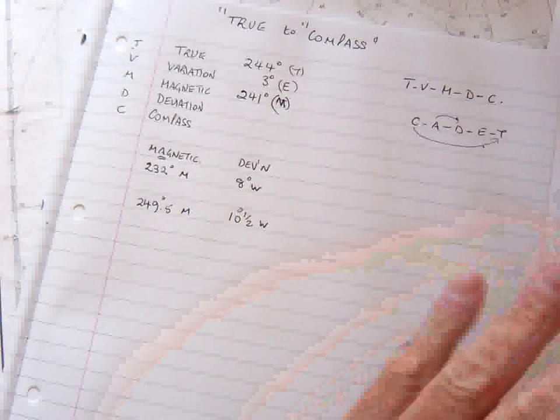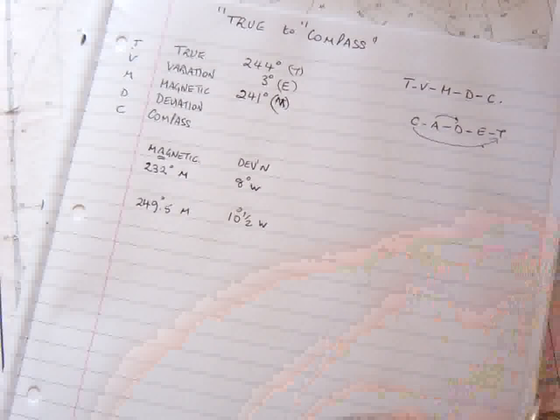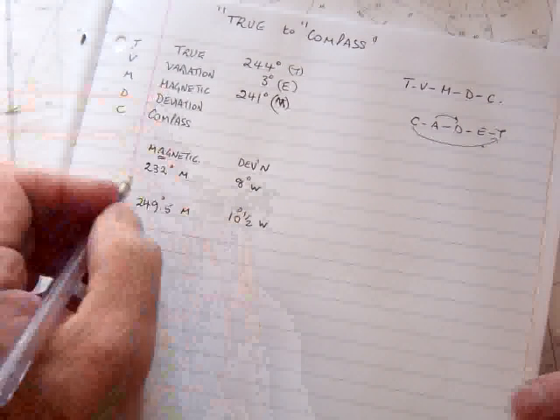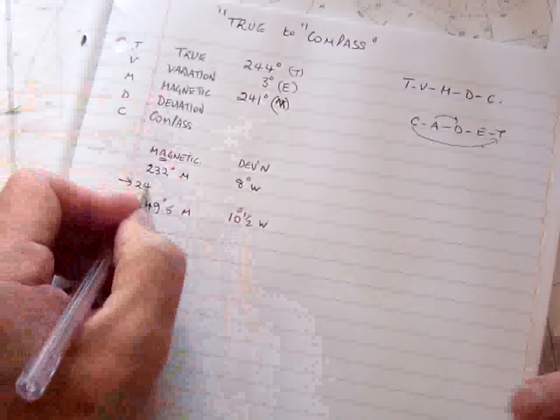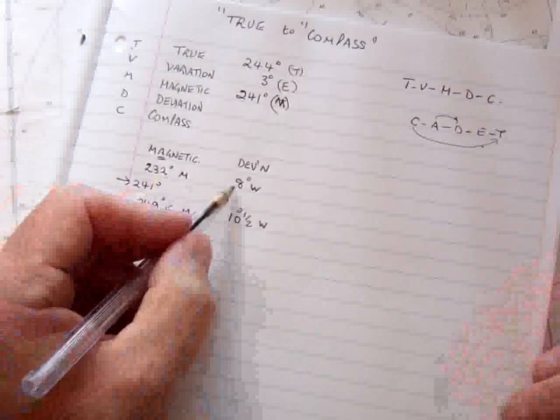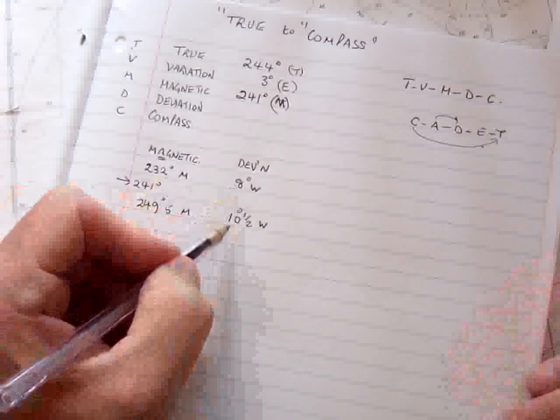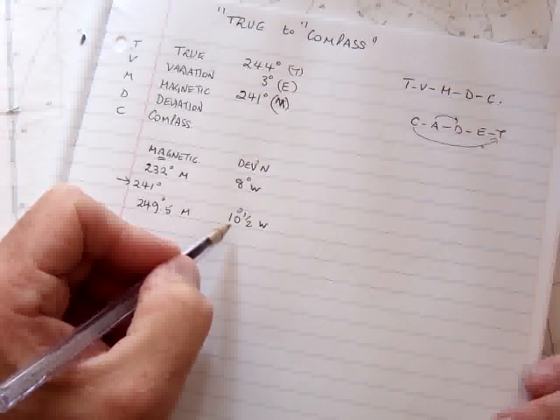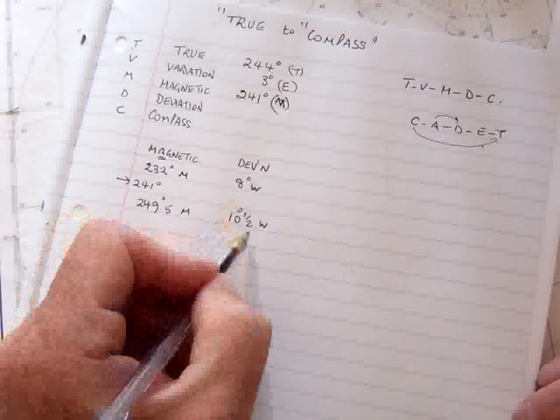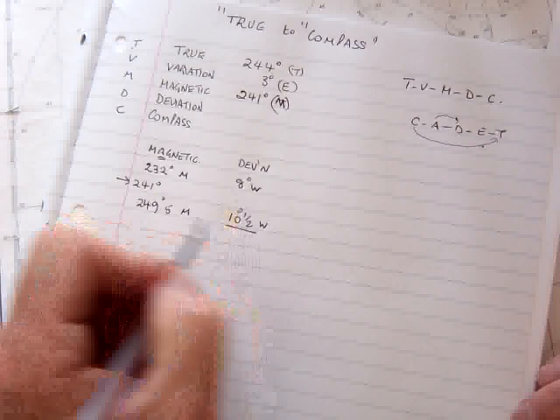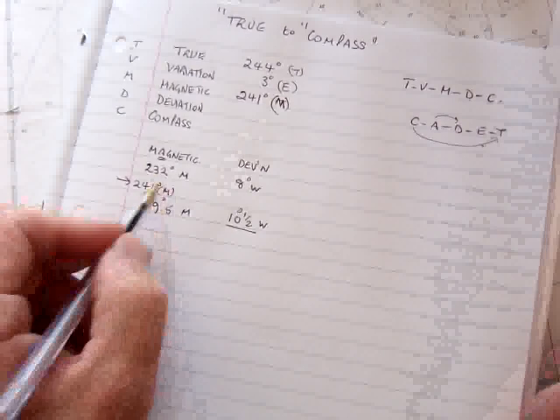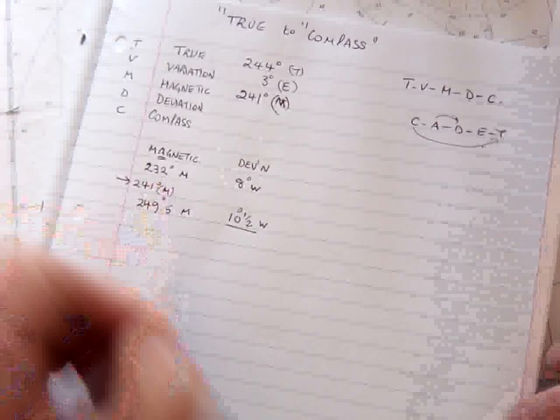So now we've finished with the deviation table. We've got our two values, and we also know our magnetic value here is 241 degrees. Looking at the values of deviation, by interpolation, we're going to end up with a value between 8 and 10.5 degrees. It must fall between those two because 241 degrees magnetic falls between 232 and 249.5.